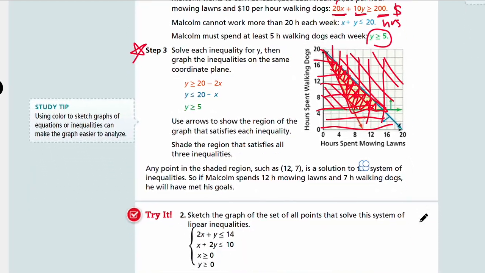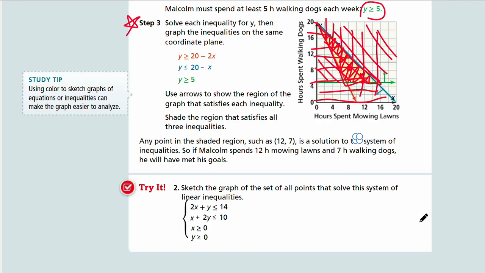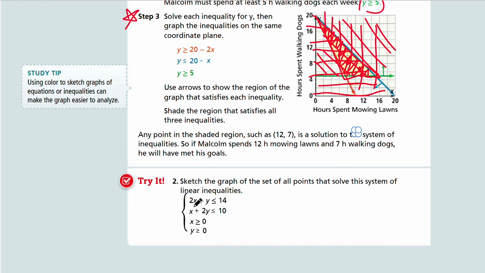Let's look at try number 2. See if you can sketch the graph of this system of inequalities, and then figure out the set of points that will be the solution for these inequalities. And if you have more time, please give some examples of points that will work.